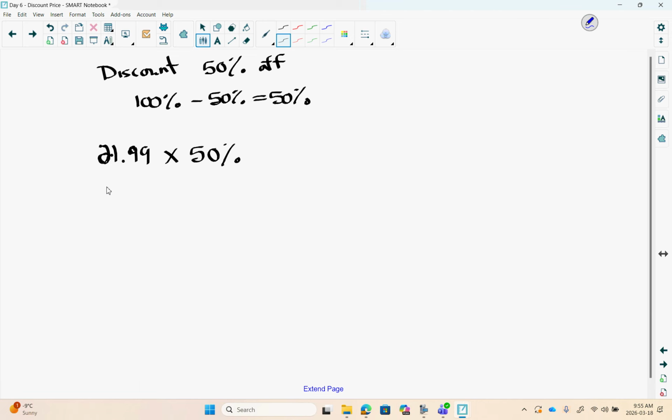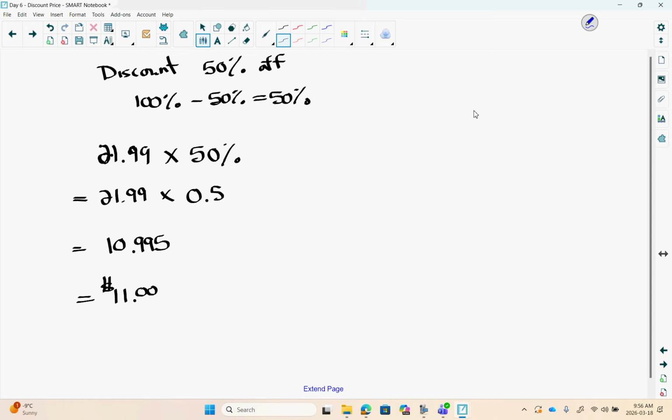What do I need to do to the percentage before I multiply? I need to change it to a decimal. I divide it by 100, as the symbol implies. That would give me 0.5, and $21.99 times 0.5, it comes out to this. If we round that to the nearest cent, that's going to give us $11.